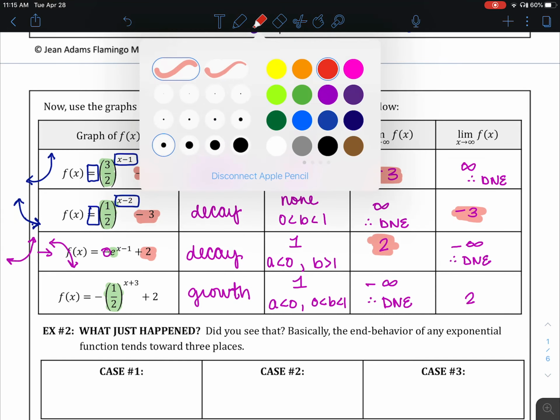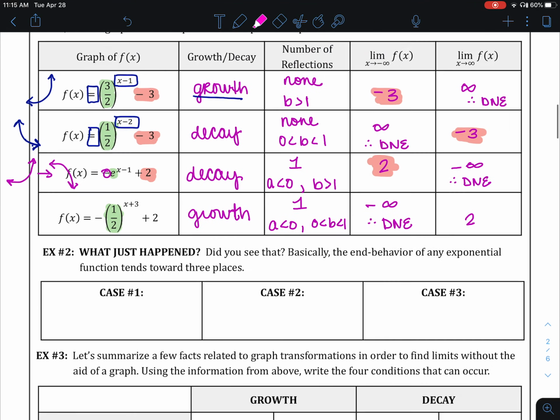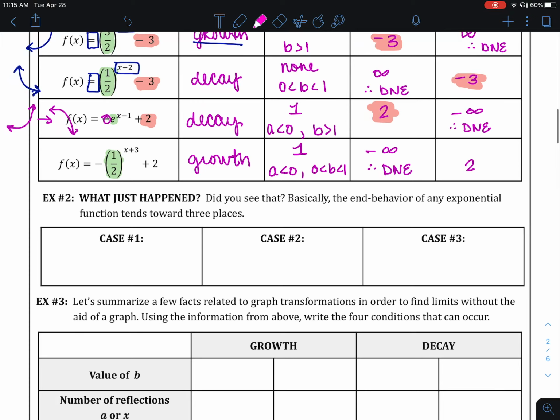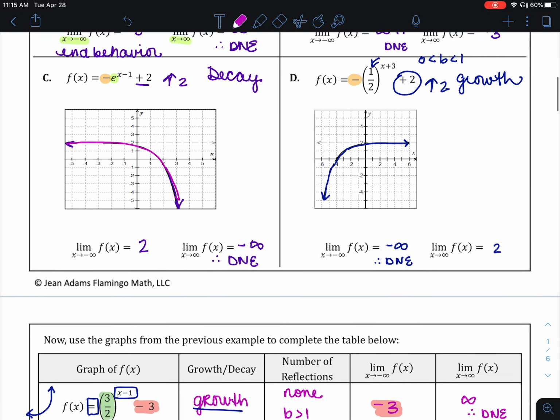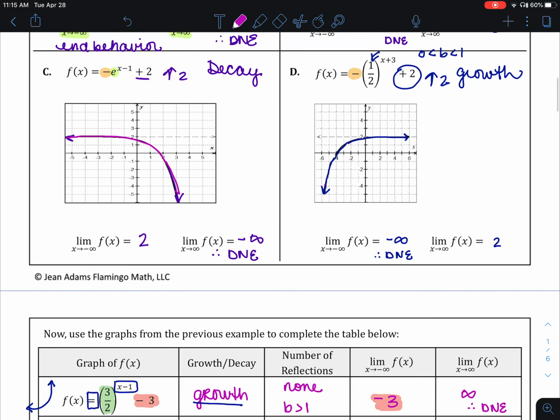For the final example from an equation, we know that that 1/2 is less than 1, so we expect it to be decay. So we're going to start out with decay. But then what happens is we have this negative again in front, and what that should do is flip it. This is always a better graph, but we will now see that it's going to flip over that axis.